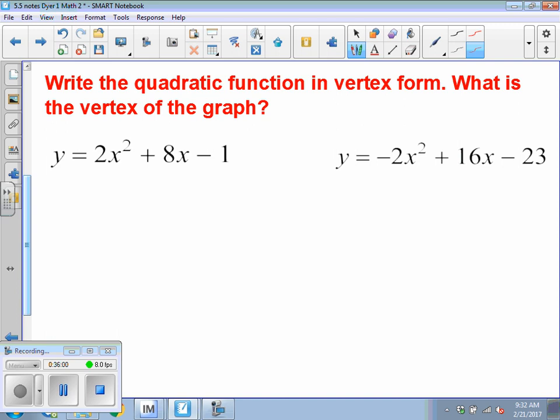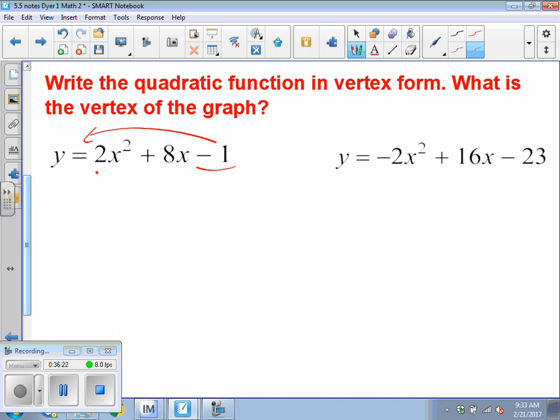Step 1, take your constant and move it to the other side. Now, when we're writing it in vertex form, we're not going to get rid of this 2 as the first step. If you're solving, you would need to do that. But right now, we're going to take this constant and bring it to the other side. Now, in these problems, you have a y equals. We're going to leave it there. It's okay, it's not going to bother anybody.